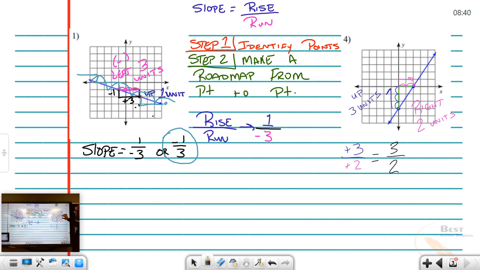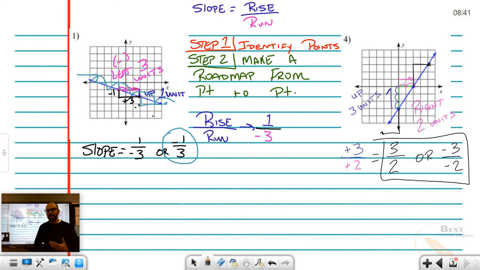So if I was to find another point, I would go 1, 2, 3, 1, 2, another point. Or I can go the opposite direction, 1, 2, 3, 1, 2. There would be another point. So you have 3 over 2, or it could be negative 3 over negative 2. Okay? Now, understanding that this can be written 2 different ways can be confusing. All right? And it goes back to fractions, and it goes back to your positive and negative rules with multiplication and division.